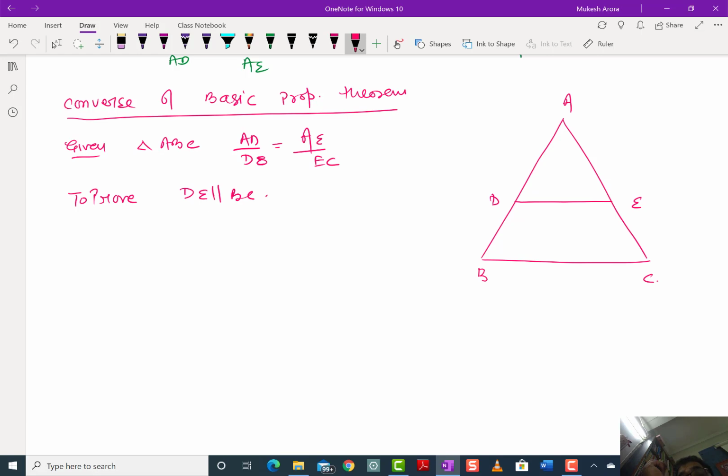In a triangle, if a line divides two sides proportionally, that line will be parallel to the third side.